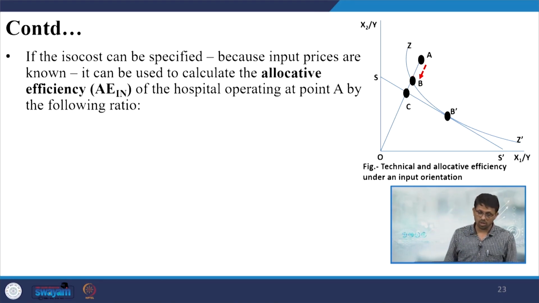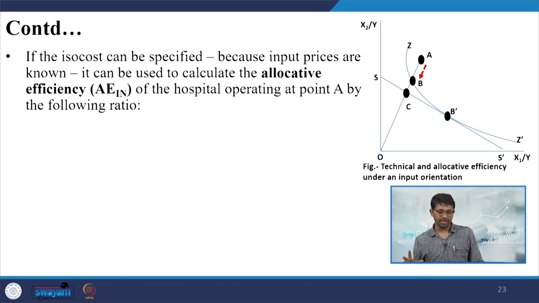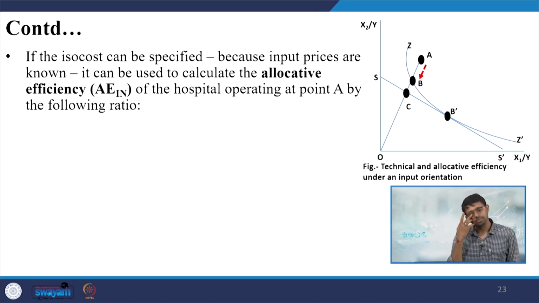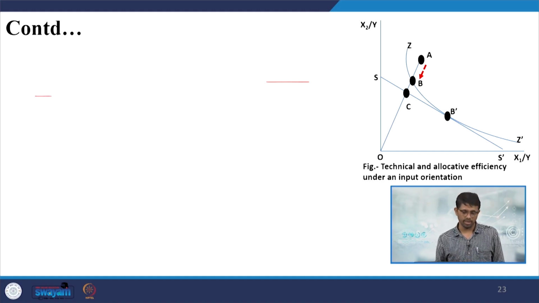Then if the iso-cost can be specified, because the input prices are known, then when we can define the iso-cost very clearly, here it is S prime, and the respective prices of x1 and x2 are clearly identified, in that case we are actually referring to allocative efficiency, and in short it is called allocative efficiency through input oriented model.